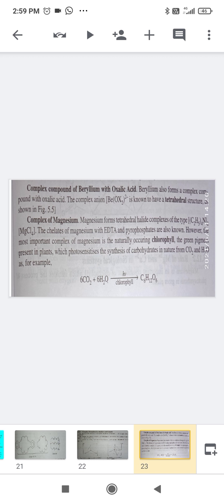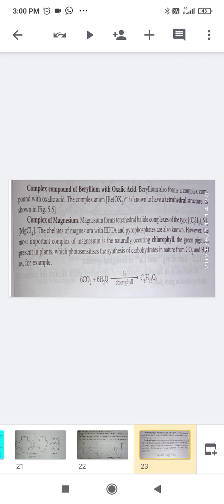Complex of magnesium. This is a very important complex. As we know, magnesium forms tetrahedral halide complexes of the type (C2H5)4N and MgCl4. The chelates of magnesium with EDTA and pyrophosphates are also known.